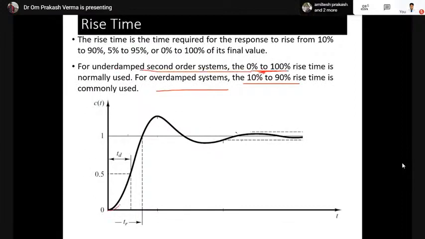So if the system is underdamped, we take 0 to 100%. However, if the system is overdamped, then the definition is slightly changed, and it is from 10 to 90%. Generally we encounter the underdamped system, so there's no problem in that.